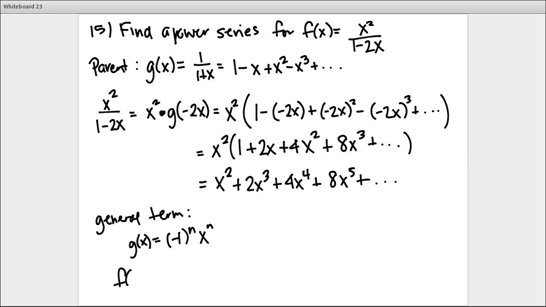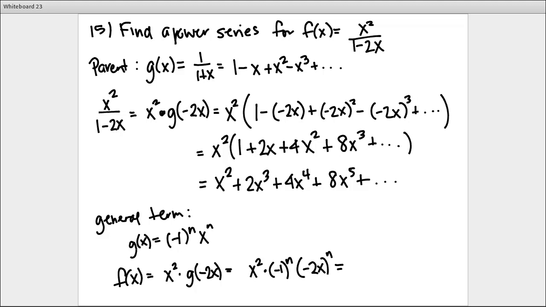That's your general term for your parent guy, right? But for f of x, what we did was we went x squared times g of negative 2x, right? So that would mean I've got x squared times negative 1 to the nth power times negative 2x to the nth power.